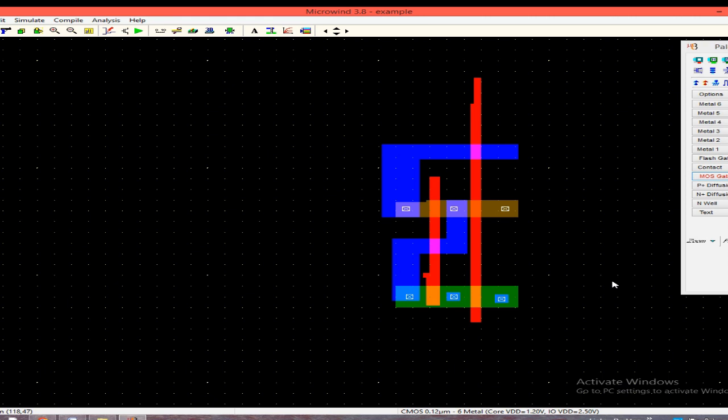So this is the gate structure I have taken. If I want, I can also delete some portions if I don't need them. First of all, see what structure has been created.